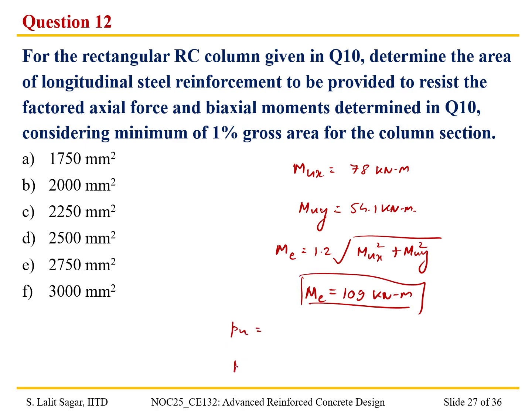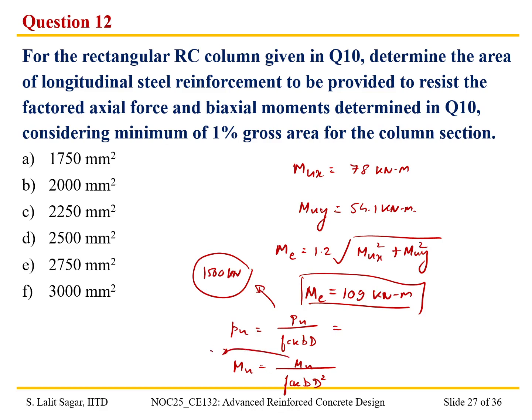Now from here we find out the value of Pu and Mu, that is Pu by fck bD and Mu or Me divided by fck bD square. For Pu we take the value as 1500 kilonewton, and the value of Mu is 109 kilonewton meter.